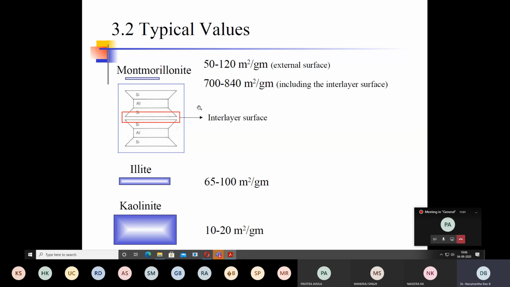That is the fundamental thing, that is the reason its surface area is very high, as high as 700 to 800 square meters per gram. So in a given 1 gram of soil, there are more montmorillonite particles than kaolinite particles. This is the physical meaning of surface area.